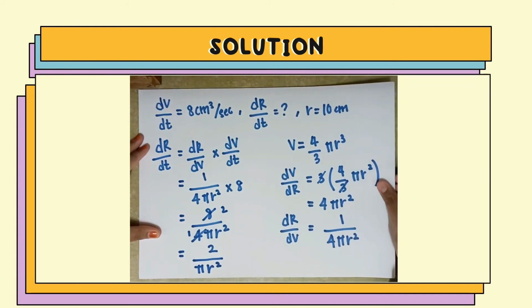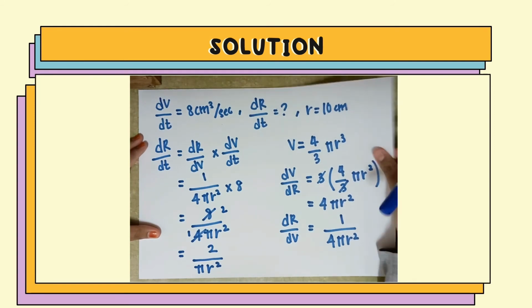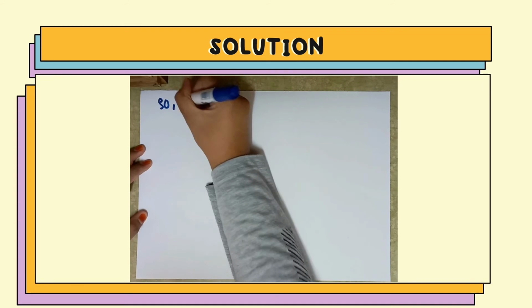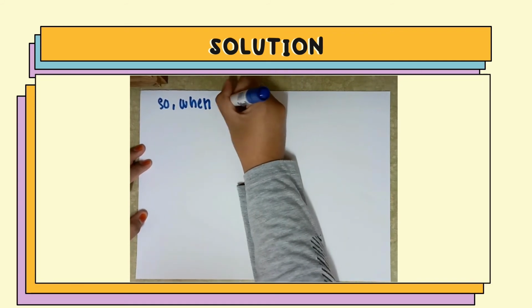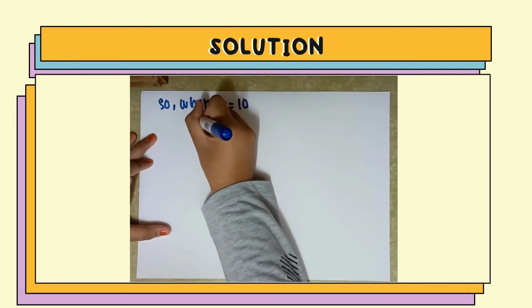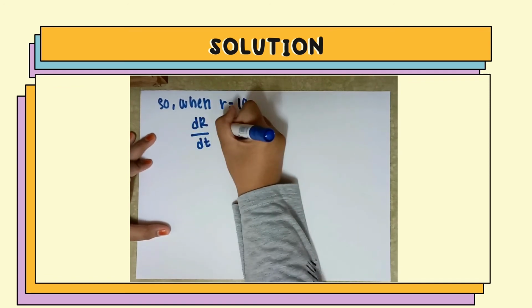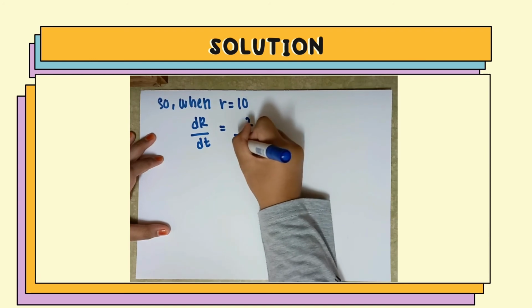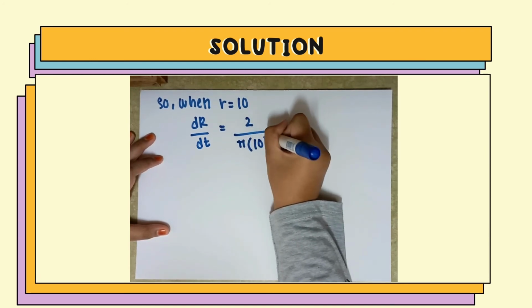So now it gives us r equals 10 cm. So when the radius equals 10, we write back dr over dt equals 2 over pi, and we insert r is 10 to the power of 2.